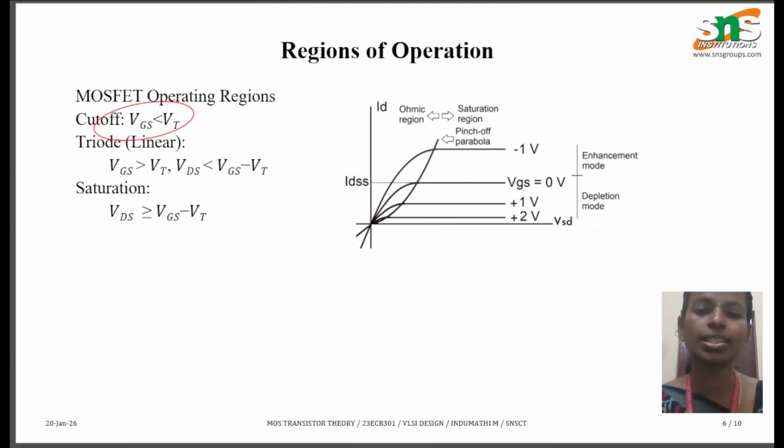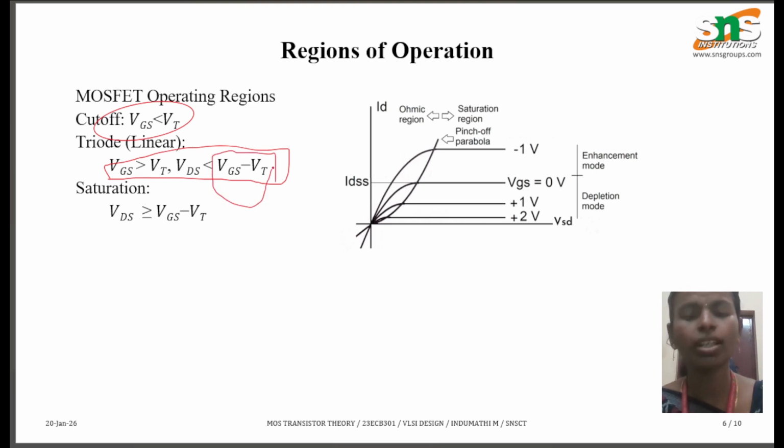Next is the linear or triode mode. This is when your gate source voltage is greater than the threshold voltage, and the drain source voltage is lesser than the difference between gate source and threshold voltage. It will be acting in the triode, linear, or active region.